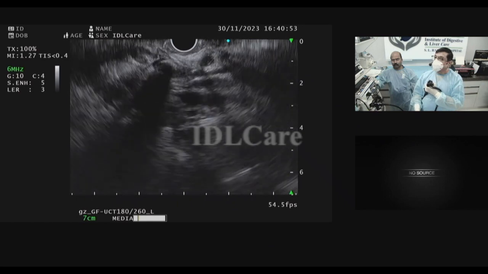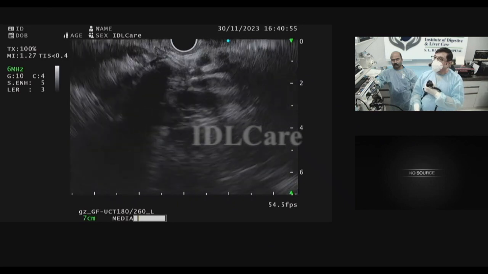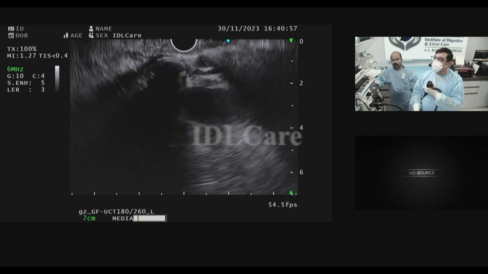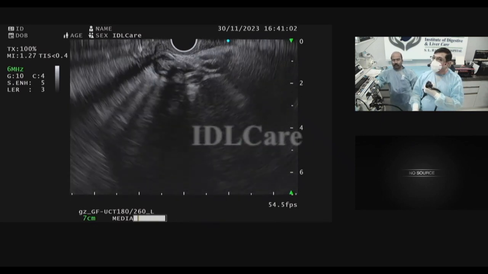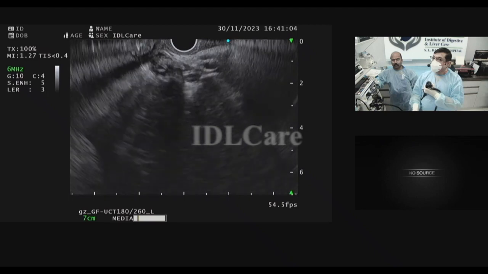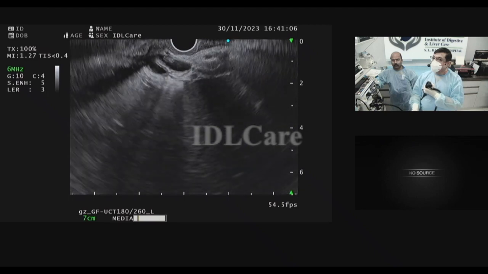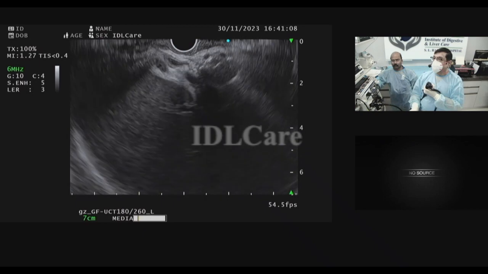Let's try to see if we can find out. Large, very large stone. Turning anti-clockwise. No, it's in the bile duct.